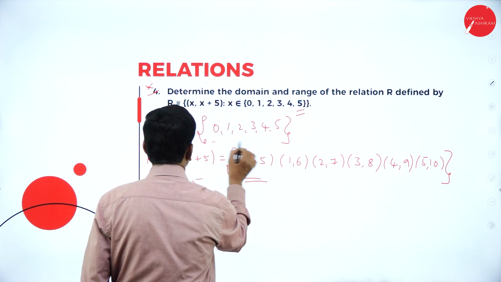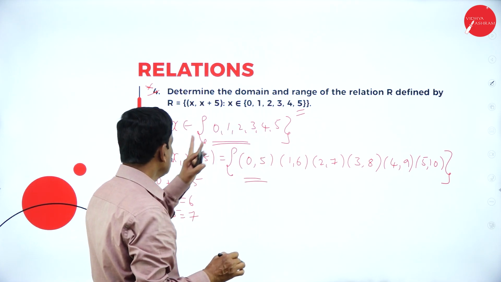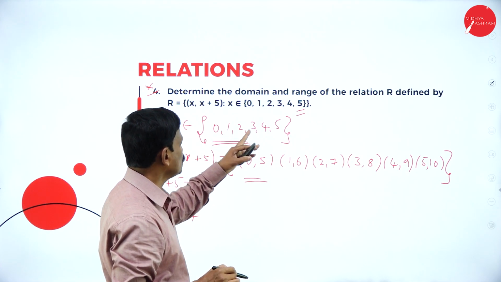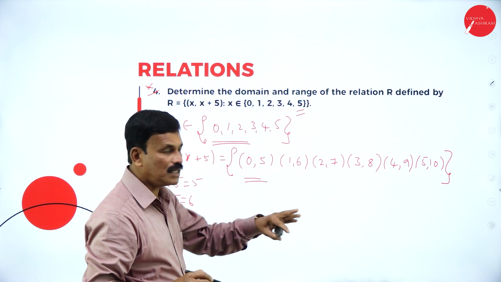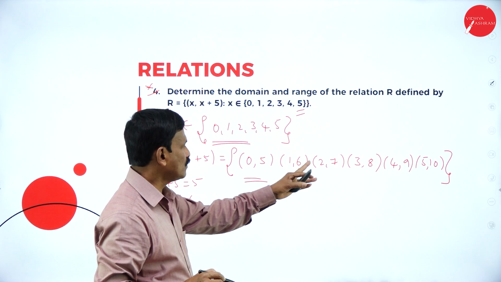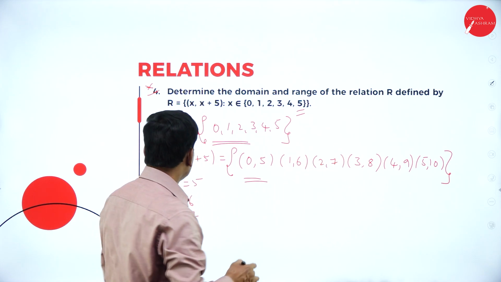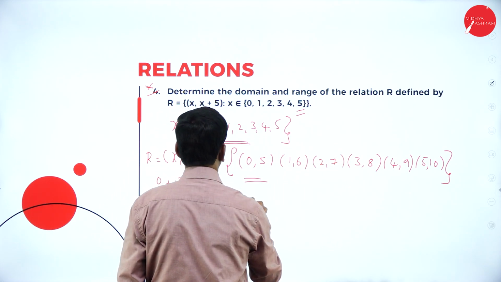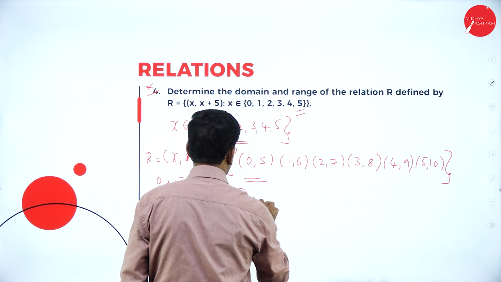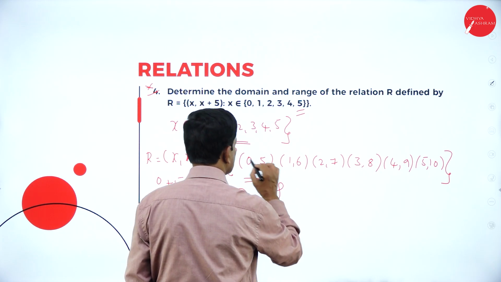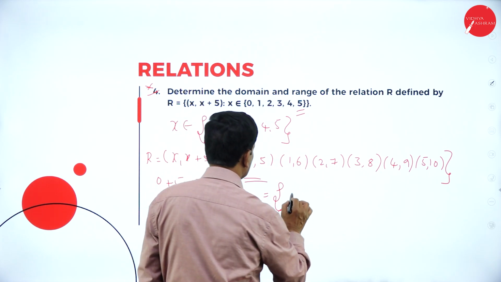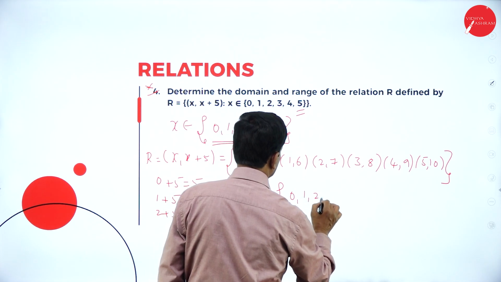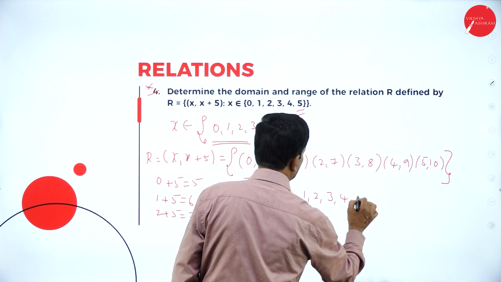Here the elements x belong to {0, 1, 2, 3, 4, 5}, and the second elements are 5, 6, 7, 8, 9 and 10. So therefore, what is the domain here? The domain of the relation R is equal to the set of all first elements, that is {0, 1, 2, 3, 4, 5}.